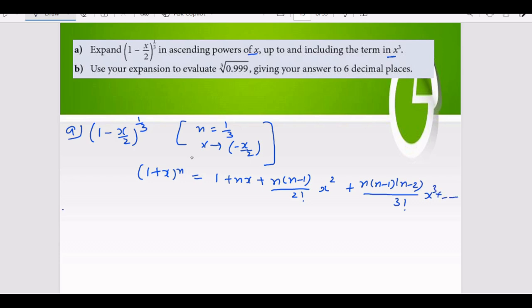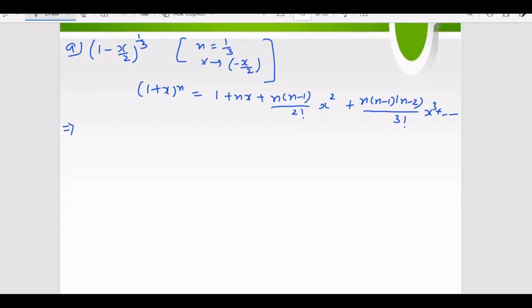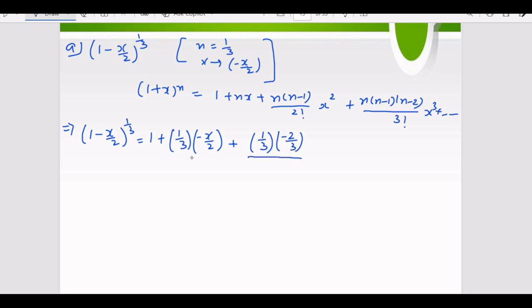By using this, we will have this expansion: 1 minus x over 2 power 1 over 3. So 1 plus nx, n is 1 over 3 and x is negative x over 2. I will recommend that you always write these numbers in brackets, so that you don't miss out any of the signs. This topic is not hard actually, but the calculation sometimes, if you mess up, then it's going to give you trouble.